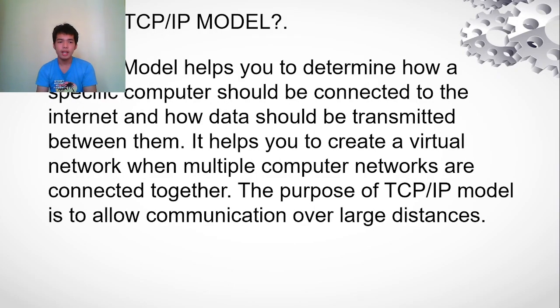Next, what is the TCP and IP model again? The TCP and IP model helps you to determine how a specific computer should be connected to the internet. A computer needs an internet to be able to serve, to connect, and to get the data or information that we need, and that the computer also needs. And it determines how data should be transmitted between them.